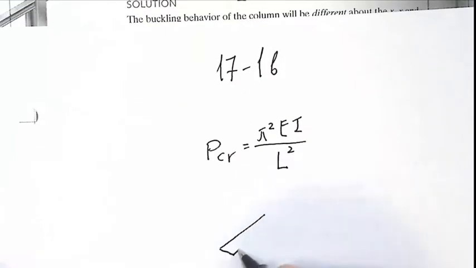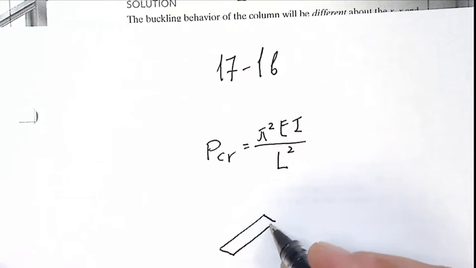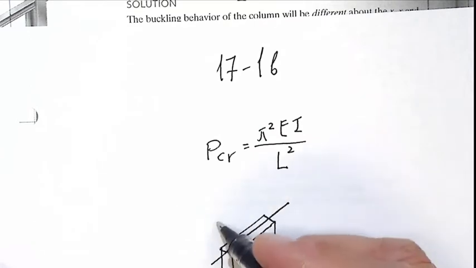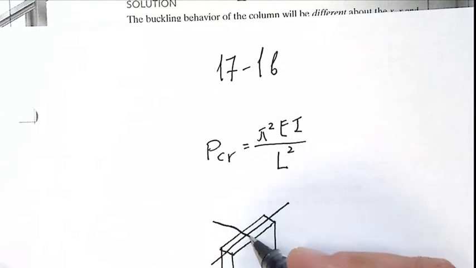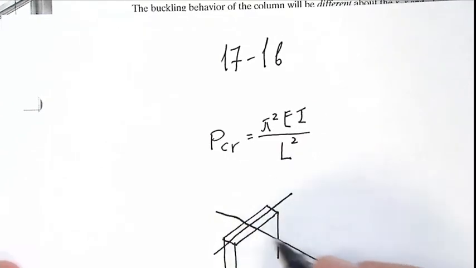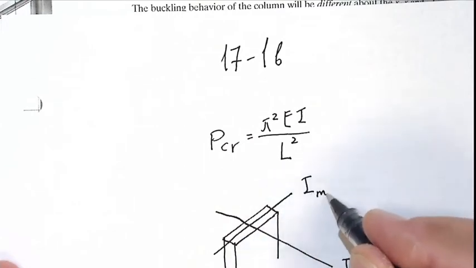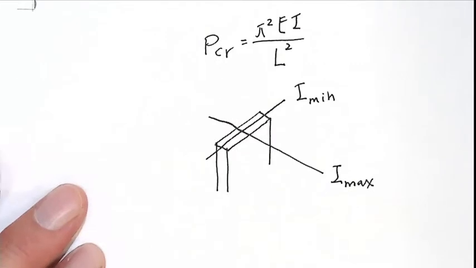But if we talk about two directions, then there is moment of inertia with respect to this axis. The moment of inertia with respect to this axis is maximum, and with this axis is minimum out of the two.